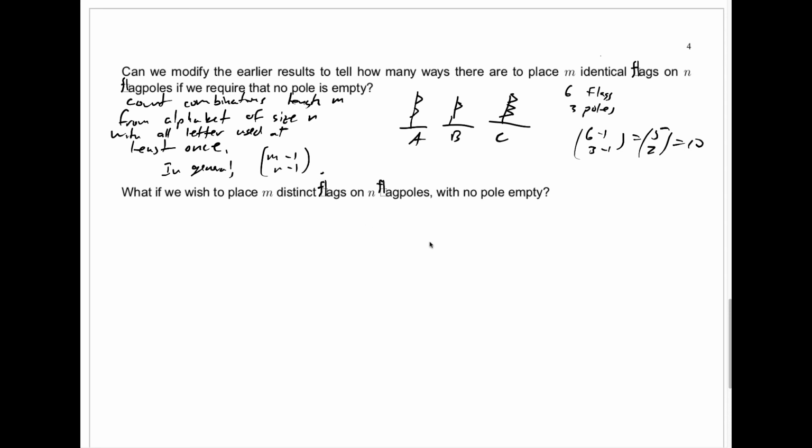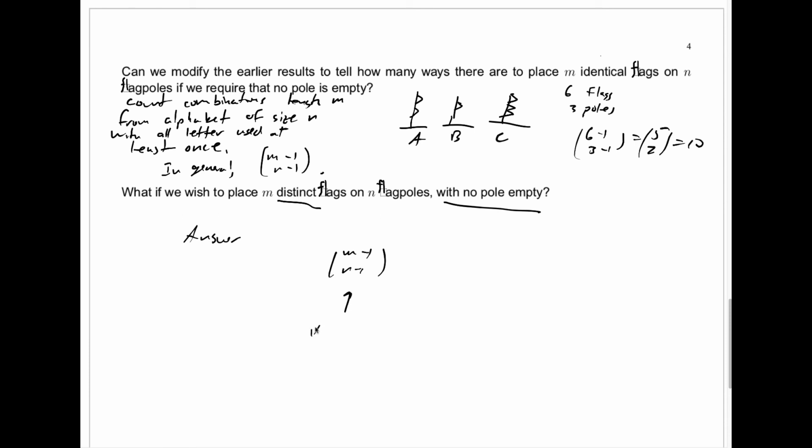Now, what if we ask the same question, how many ways can we place m distinct flags instead of identical flags on the same n flagpoles, again with no pole empty? Well, again, the answer starts with m minus 1 choose n minus 1.